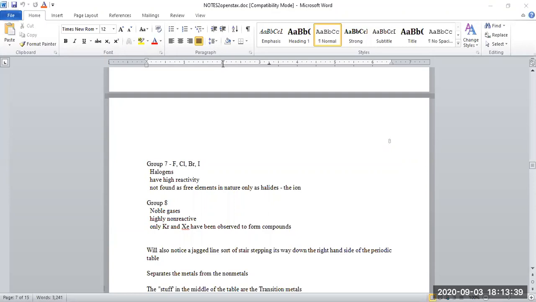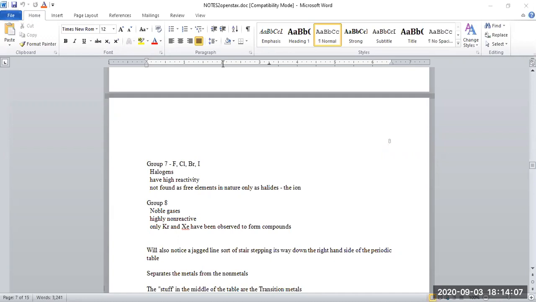When you buy a box of salt and it says iodized salt, sometimes it's sodium iodide, but sometimes it also contains potassium iodide, especially for people who are trying to avoid sodium. So you're going to see the halogens a lot. They are super common, but they're almost always hooked to other elements.